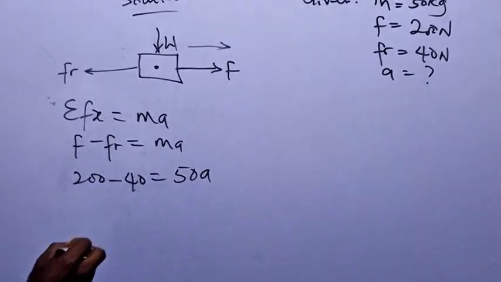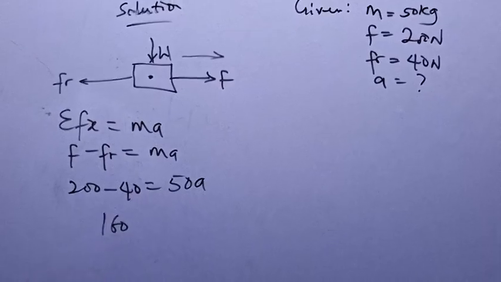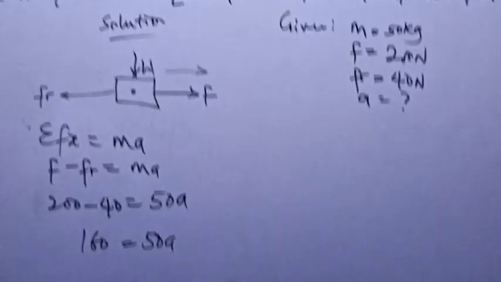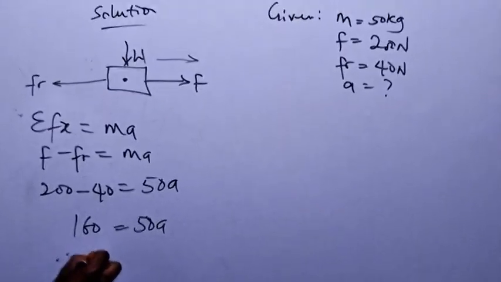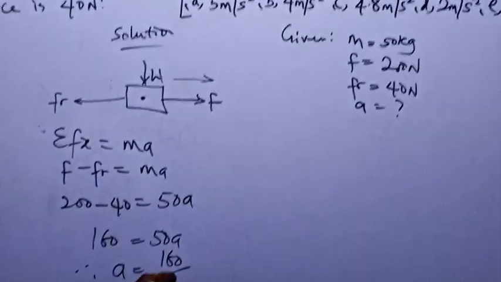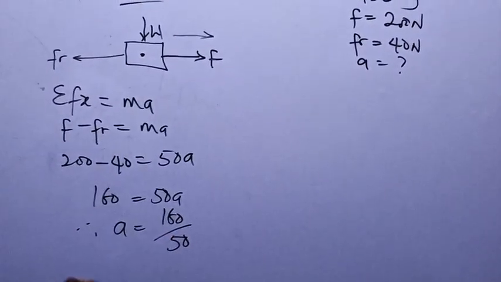Now 200 minus 40 will be 160, equals 50 multiplied by a. Therefore, acceleration a is equal to 160 divided by 50.